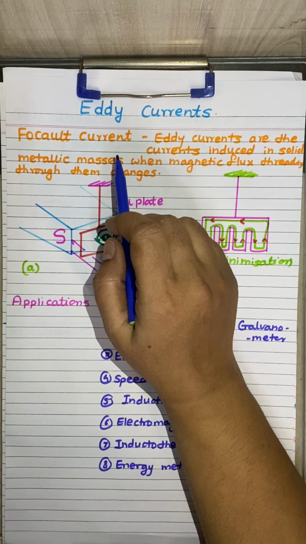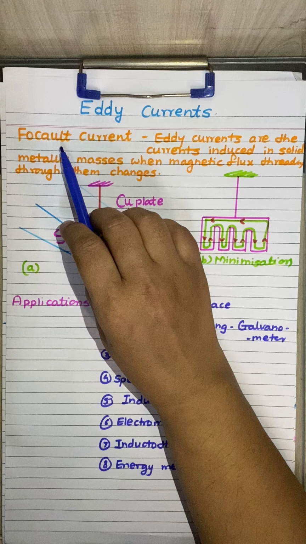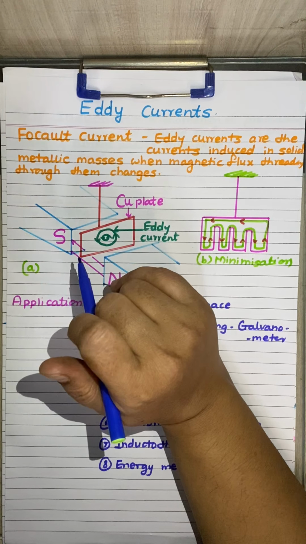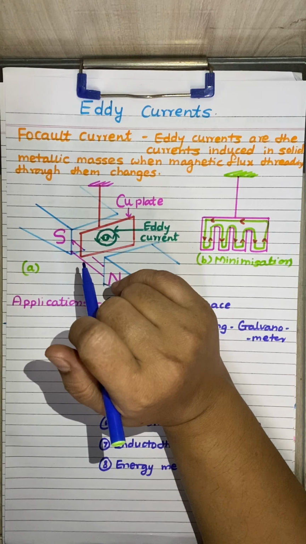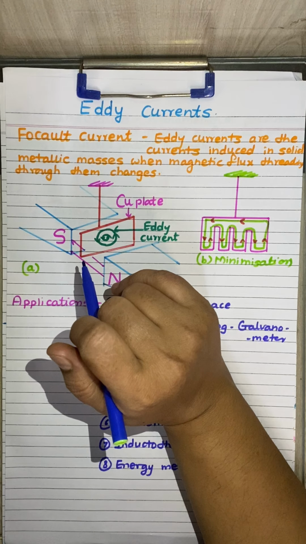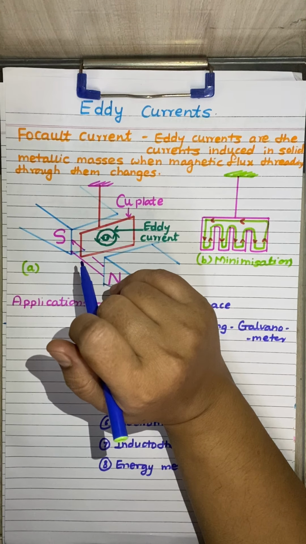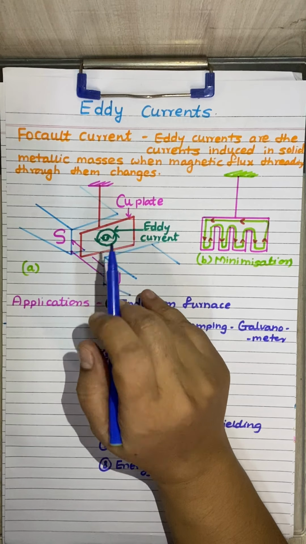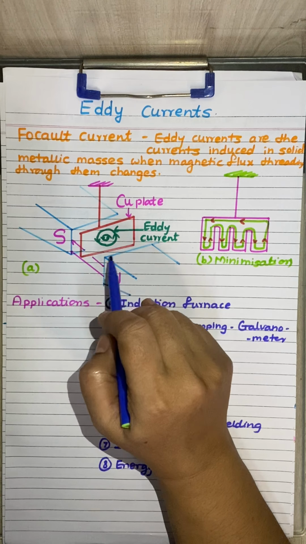First of all, what is meant by eddy currents? They are also called Foucault currents. Currents can be induced not only in conducting coils but also in conducting sheets or blocks. Whenever the magnetic flux linked with a metal sheet or block changes, an EMF is induced inside it.